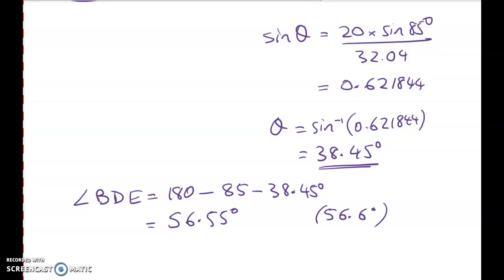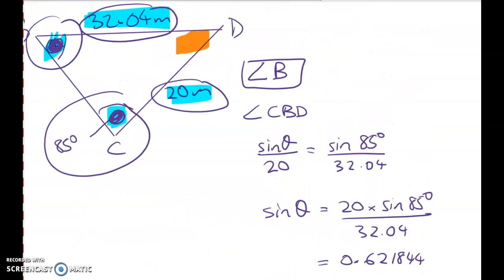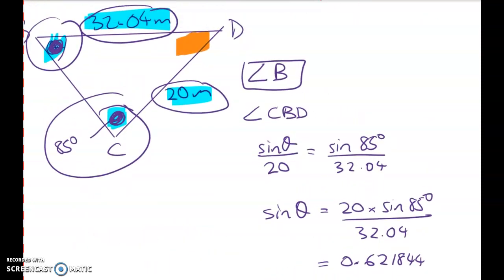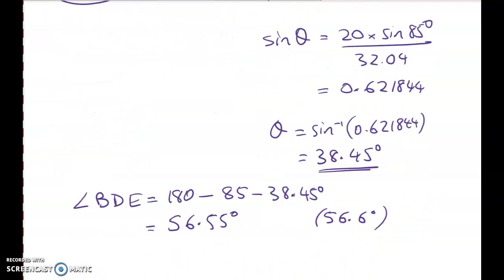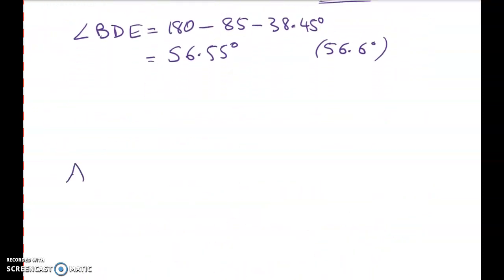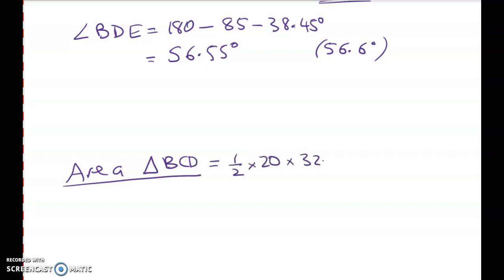Right, so finally we're ready to do the area of this one here. And we're going to use this, this, and this angle. So the area of triangle BCD is equal to 1/2 times 20 times 32.04 times sine of 56.55 degrees.